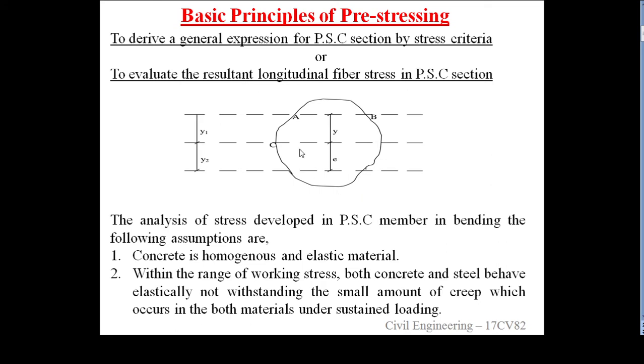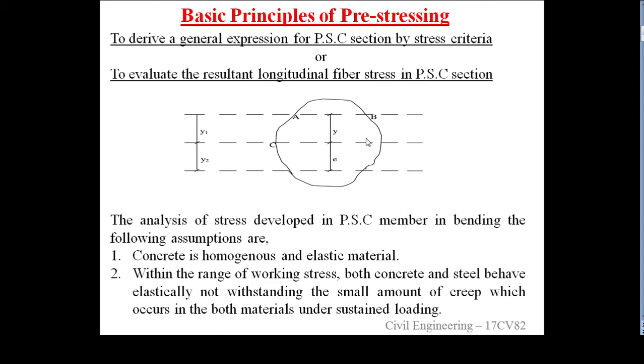In that, this is the CG of the member, and AB is the top fiber stress. Then this line represents the bottom fiber stress.